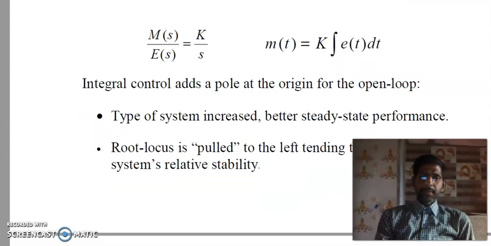What do you mean by that? If you use an integral controller, which adds a pole at the origin, the root locus will be pulled to the right, tending to lower the system's relative stability.